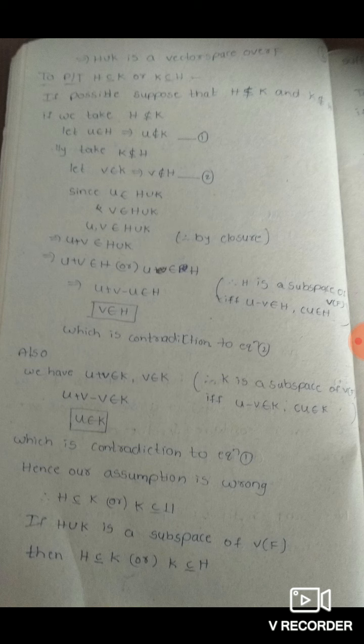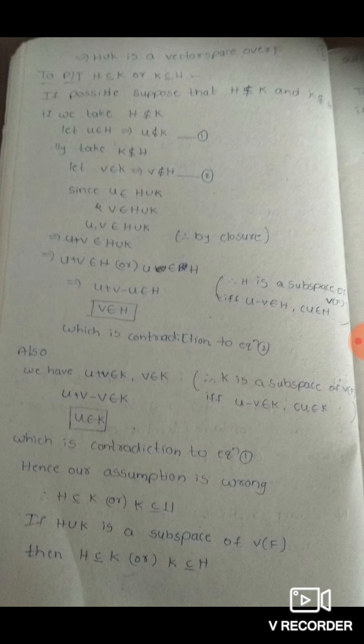That means u plus v belongs to h union k by the closure property, as h union k is already a vector space. U plus v belongs to h union k means u plus v belongs to h or u plus v belongs to k.